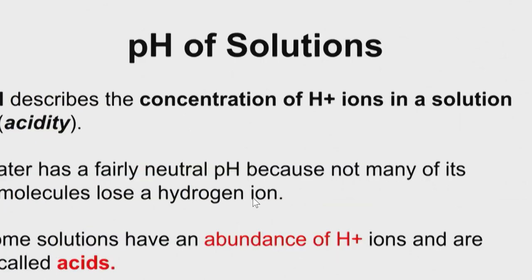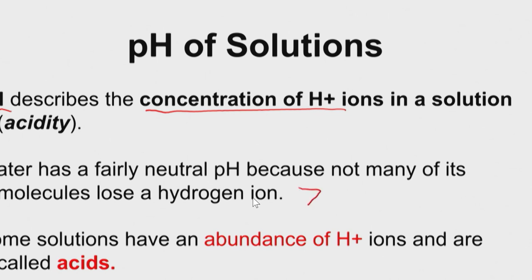So the pH of solutions, as I mentioned, is determined by the concentration of H plus ions. I just wrote it on the last slide. pH is concentration of H plus ions. So we have a scale of pH that I'm going to show you that goes from 1 to 14. In the center of our scale, around 7, we have water.